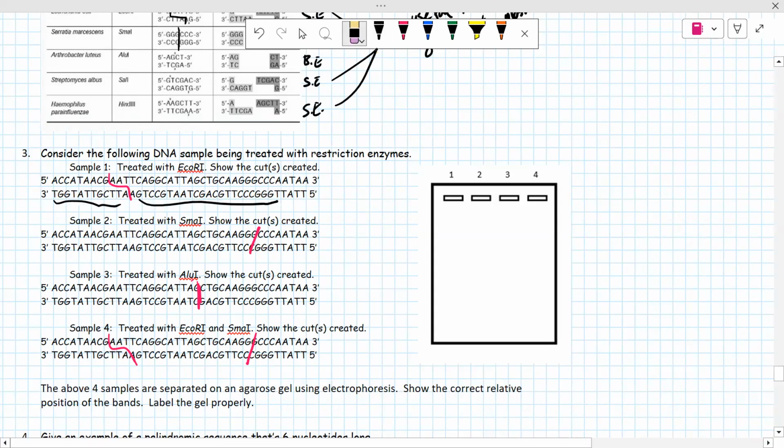So just to play it safe, leave some space. So there is that, and then you have a shorter one at the bottom, right? Okay, so this is EcoRI only.